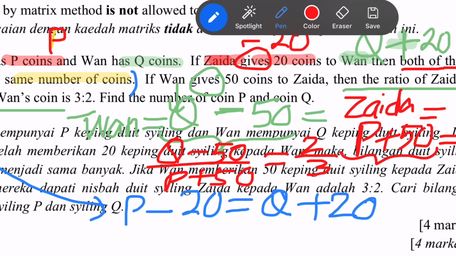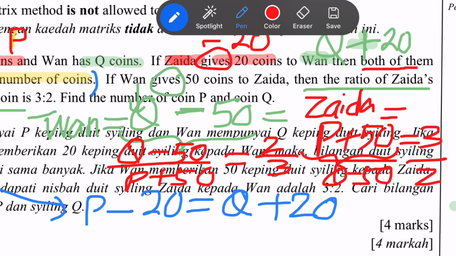Why? Because as you read, the ratio is of Zaida's coins first. So you should write P plus 50 over Q minus 50 equal to 3 over 2. Up to you, you can write either one, but make sure the ratio is correct.